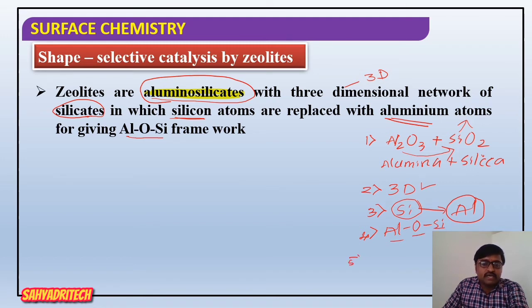Regarding structure, we already said they have a honeycomb like structure. So zeolites are aluminosilicates with a three-dimensional framework in which part of the silicon atoms are replaced by aluminum, which gives an aluminum silicon oxygen framework.